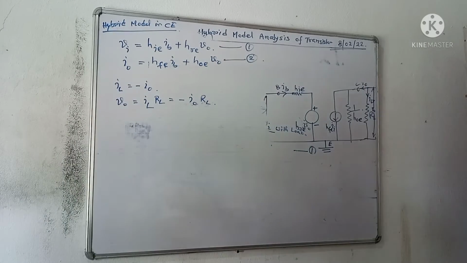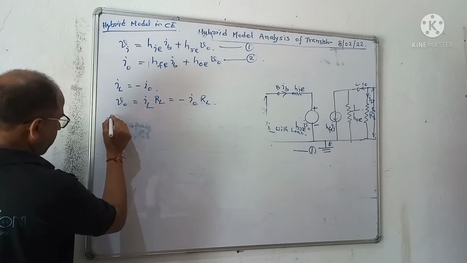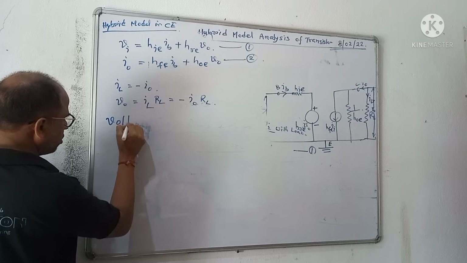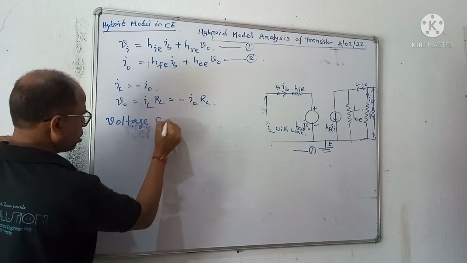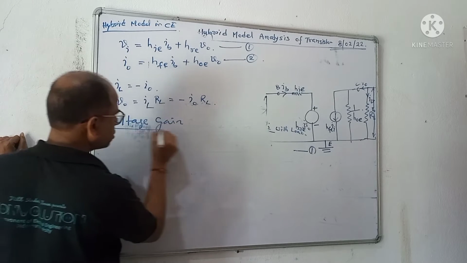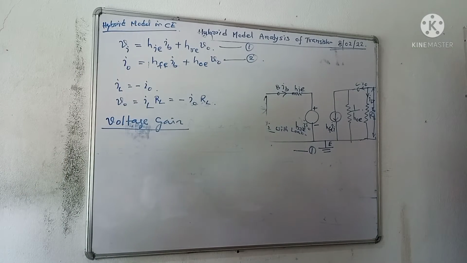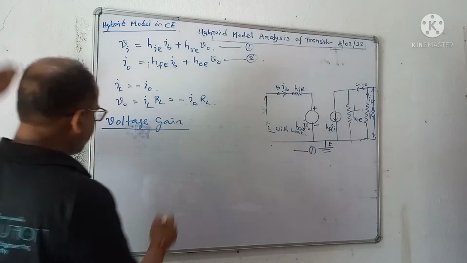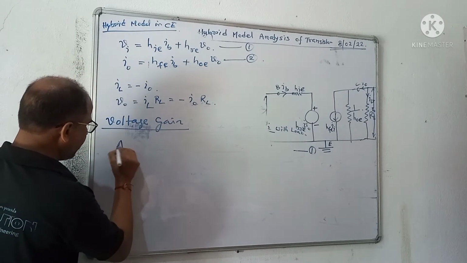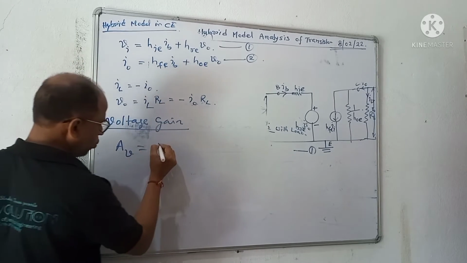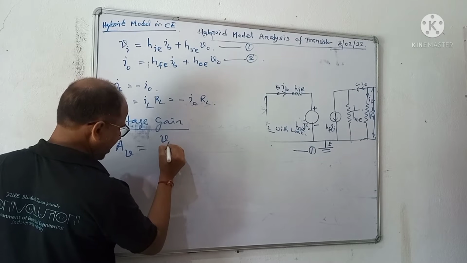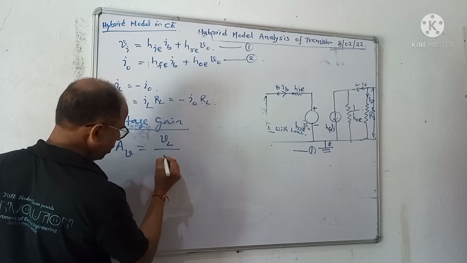Next, voltage gain from the hybrid model with transistor load. Voltage gain is defined as AV equal to VL by VI.